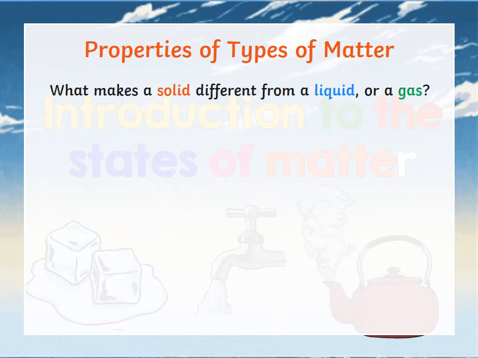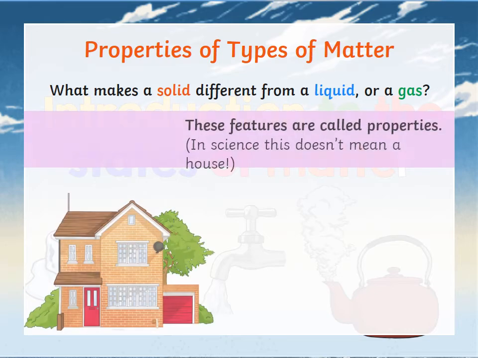Now that we know what the 3 states of matter are, let's talk about the properties of matter. What makes a solid different from a liquid or a gas? These features are called properties. In science, this doesn't mean a house.